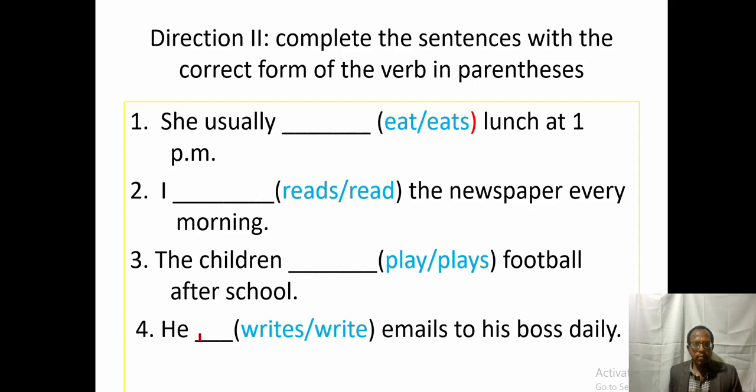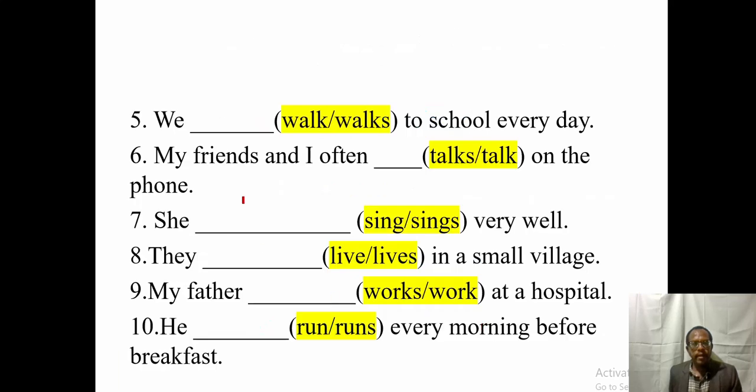Number four, he blank, write, emails to his boss daily. Number five, we blank, walks, to school every day. Number six, my friends and I often blank, talk, on the phone.